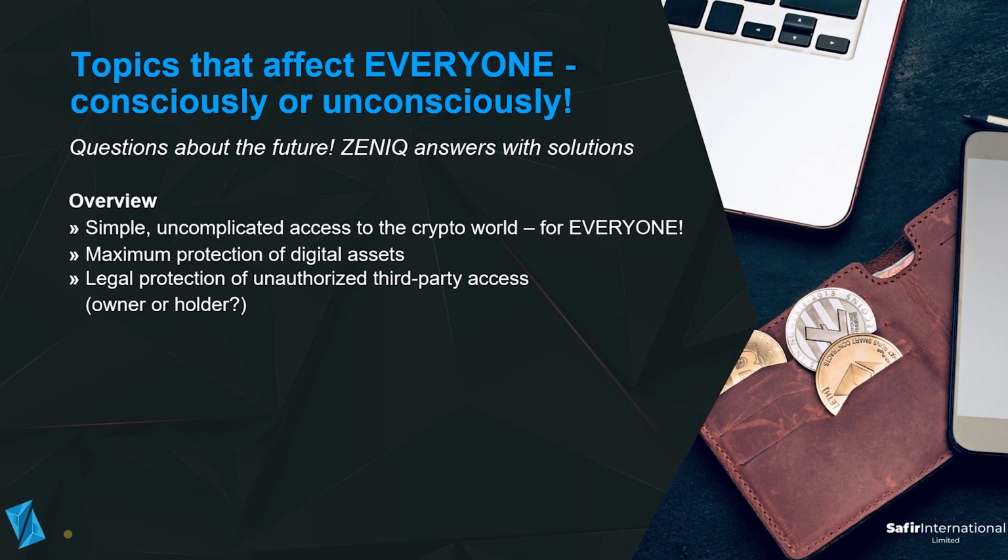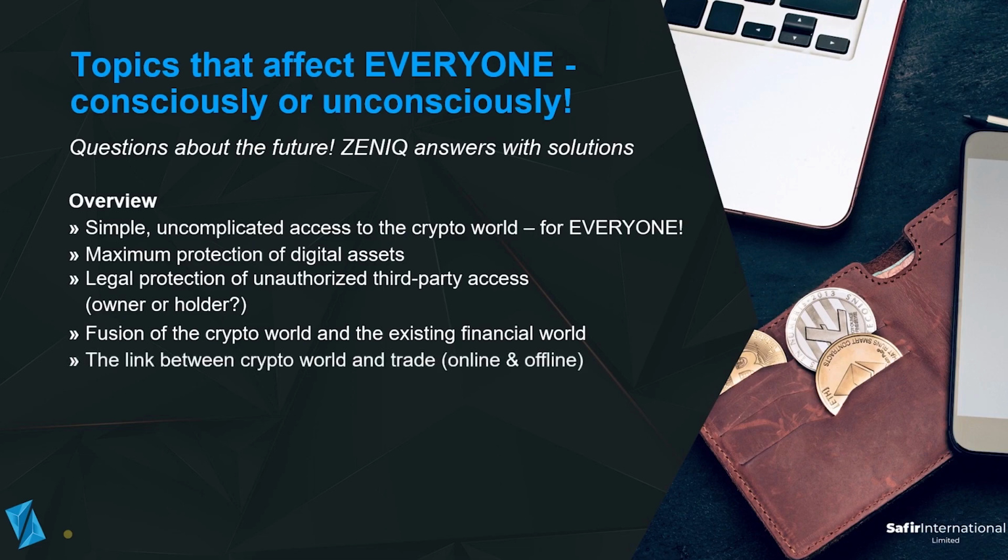Also, there is a fusion between the crypto world and the existing traditional financial world. We will come to that later, how this Zeniq ecosystem managed to combine these two different worlds. And there's also a link between the crypto world and the traditional retail trade, offline and online.